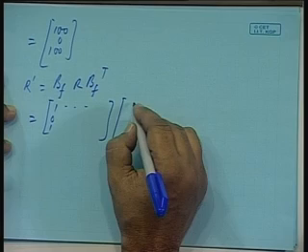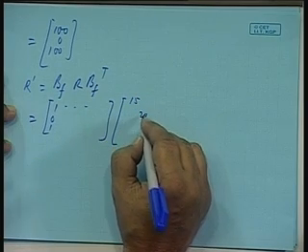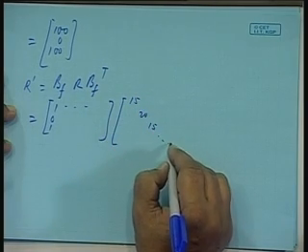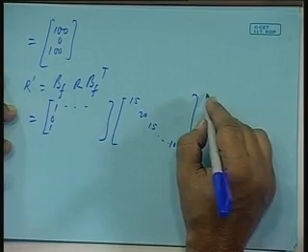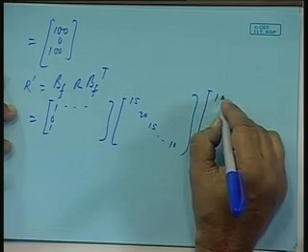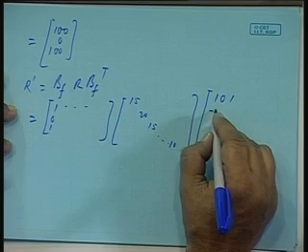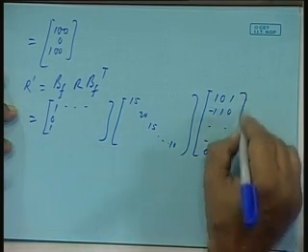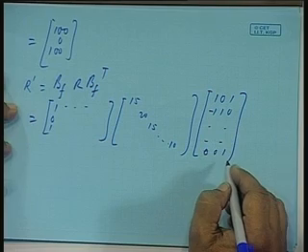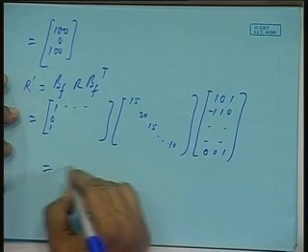Then you write R1, R2, R3 and so on, the diagonal terms, multiplied by 1 0 1, minus 1 1 0 and so on, 0 0 1, that is BF transpose. So, it is a 3 by 3 matrix.